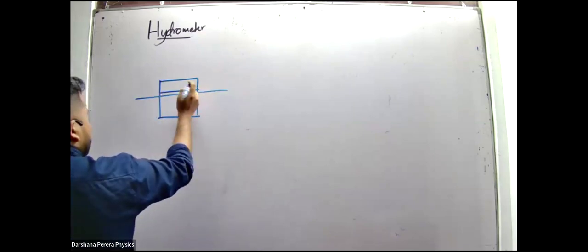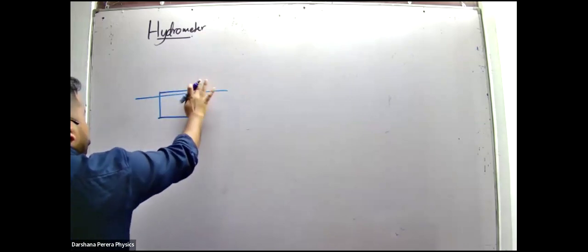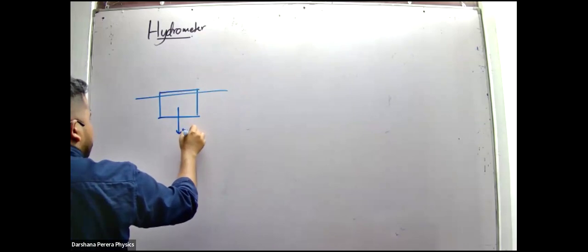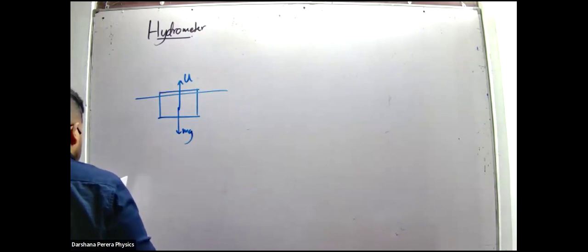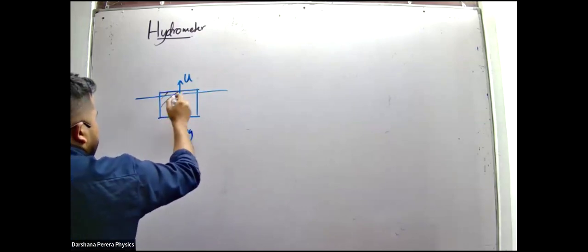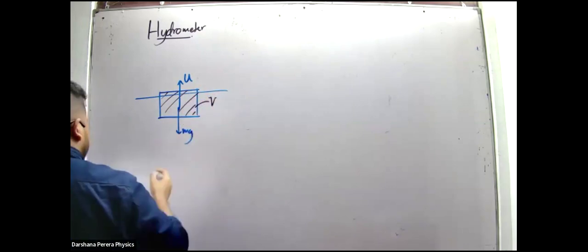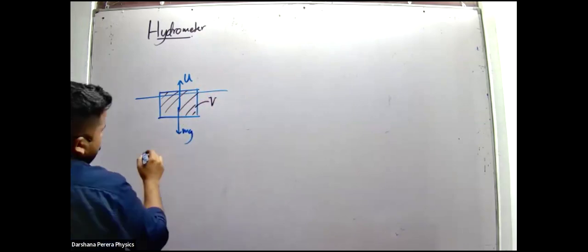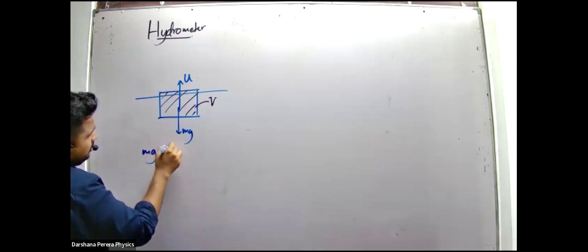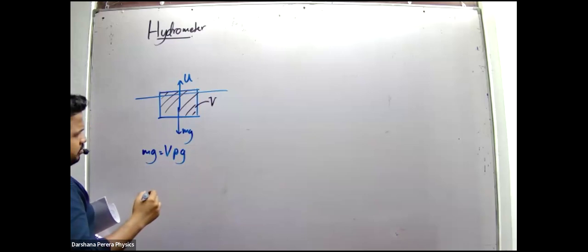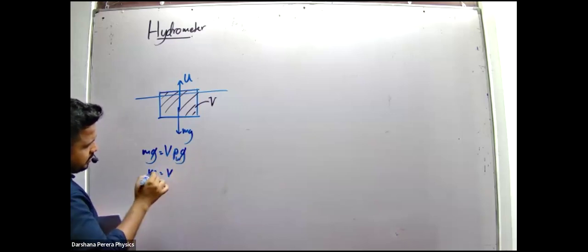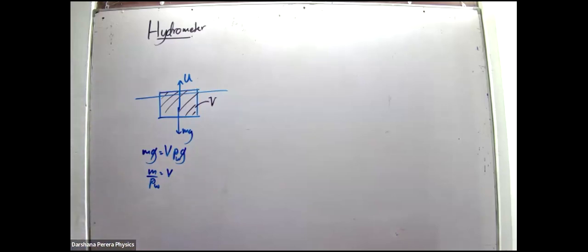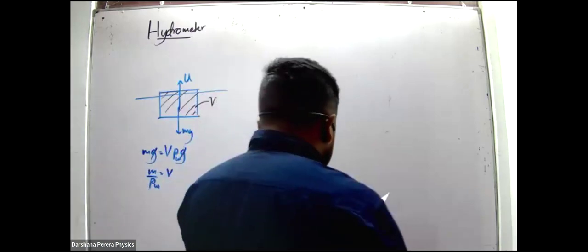The weight is mg and the thrust is U. So I take the volume as capital V. So mg equals what? V rho g. So g and g cancel out. V equals m over rho water. Right. We know the equilibrium now.